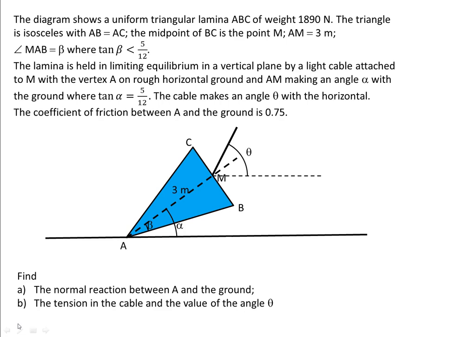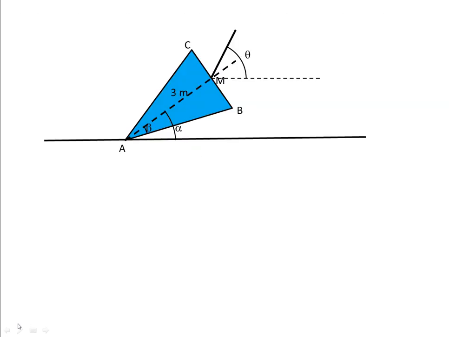So, we need to start by drawing a good force diagram. We know that the weight of the lamina is 1890 newtons, but we need to determine the centre of mass.